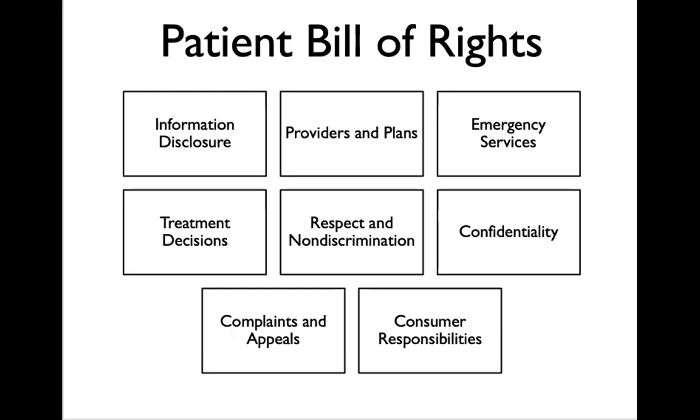Additionally, we have the right that our information can be confidential and that we can file a complaint. We can appeal decisions if we want to, or if we feel that it is necessary. So for example, patients can request that components of their medical record be revised.